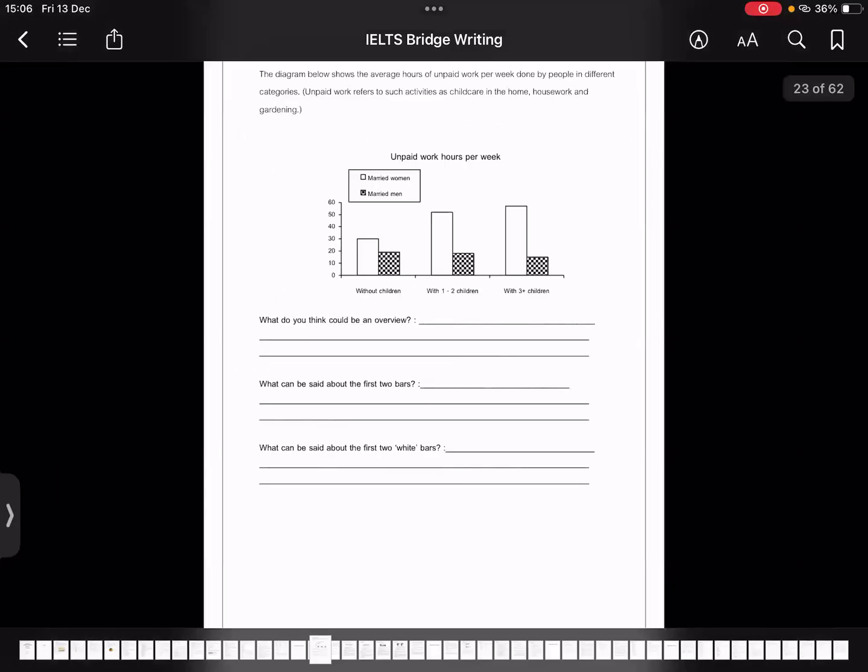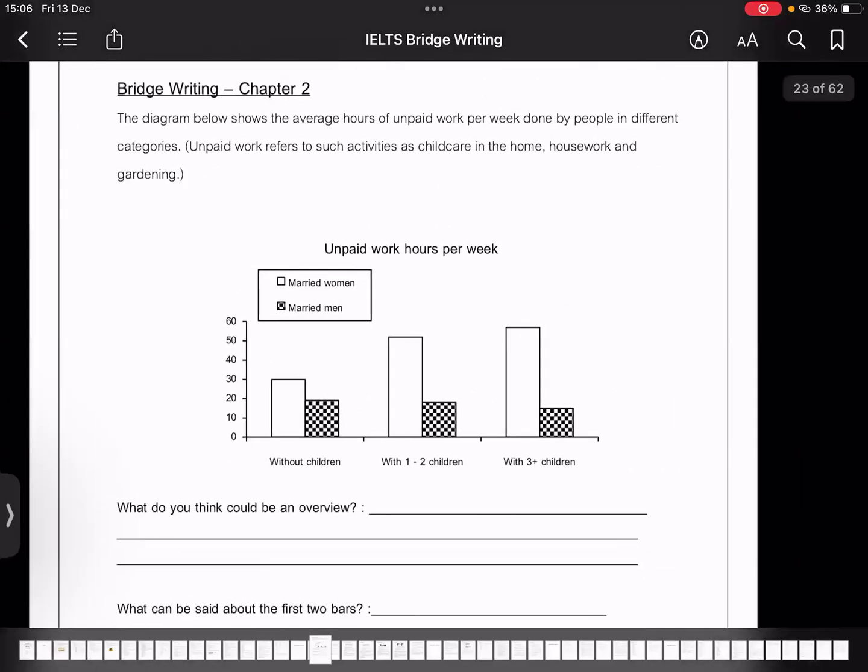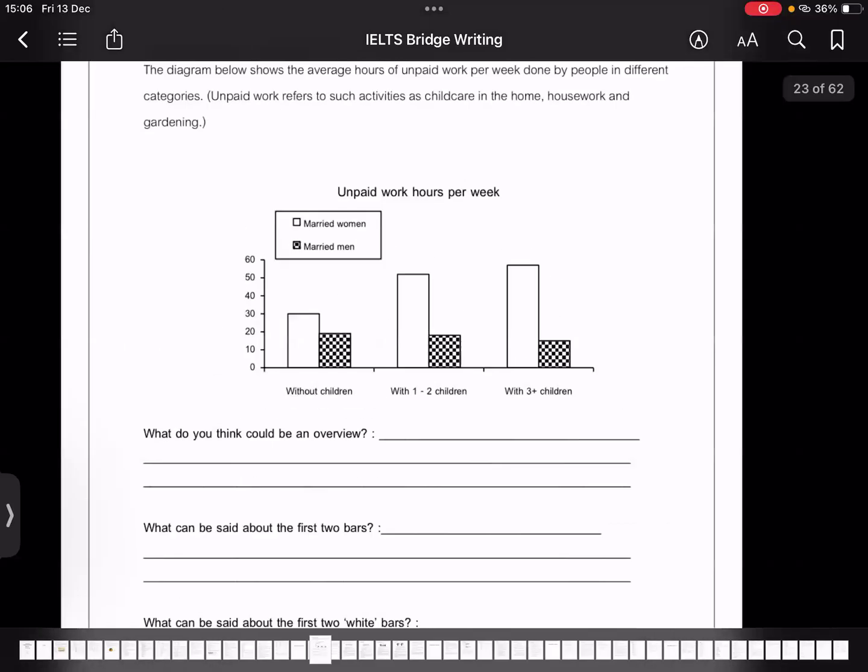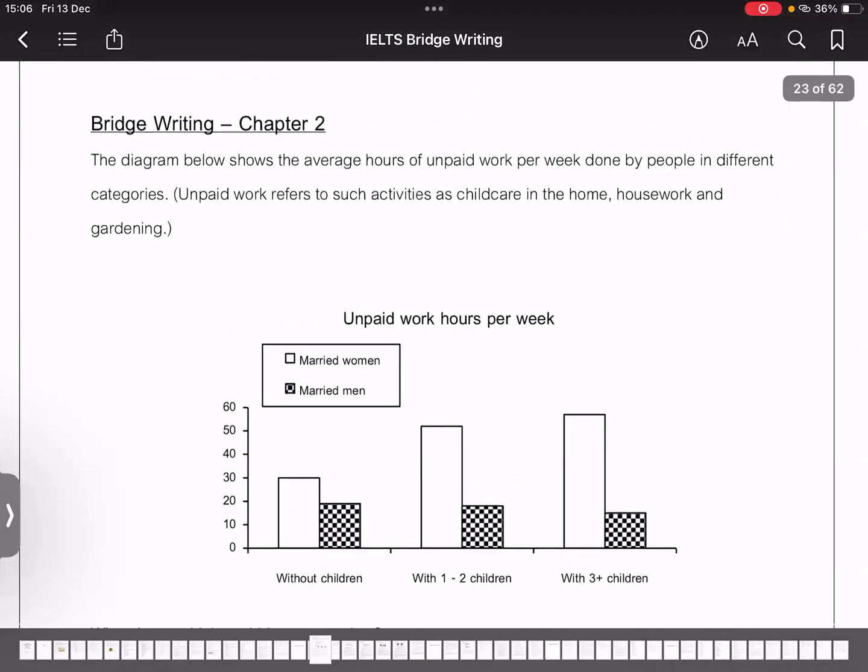Let us now talk about, let's just do this exercise here. So this bar chart shows you hours of unpaid work per week done by people in different categories. Okay, so we have what?